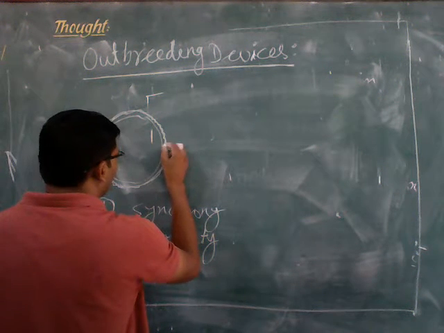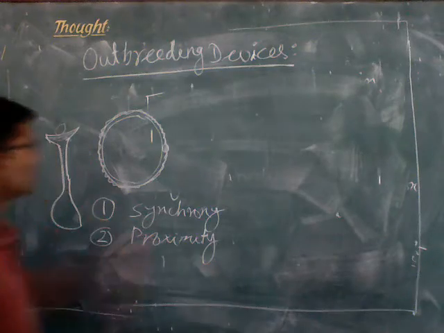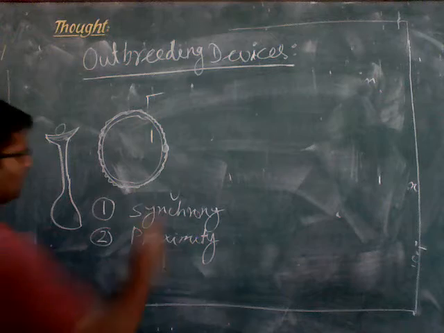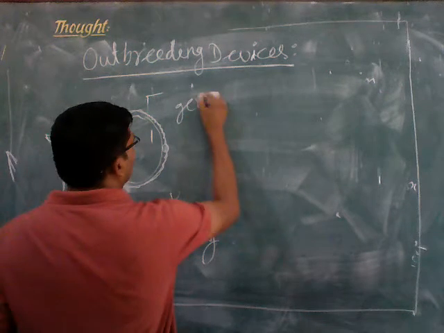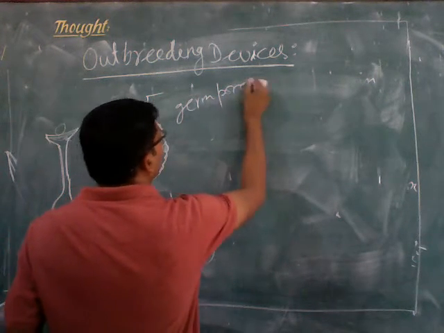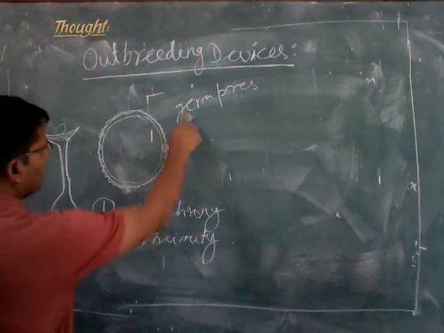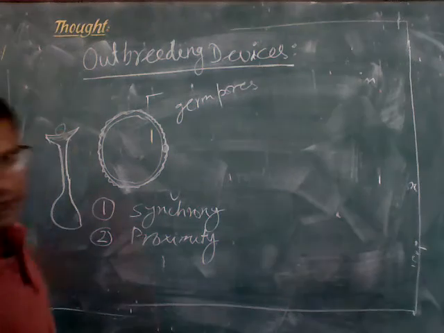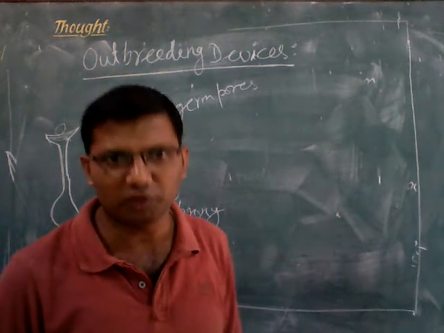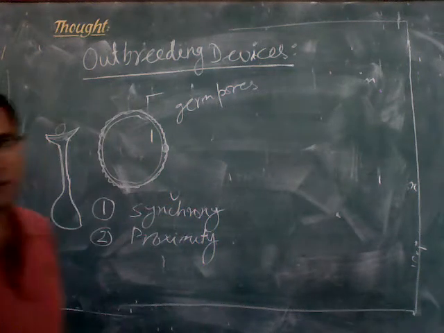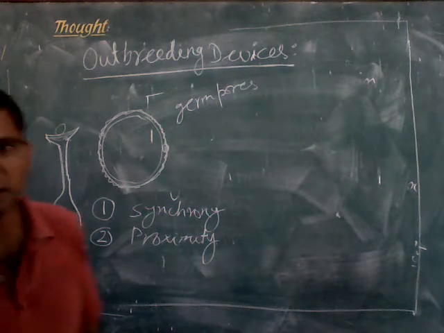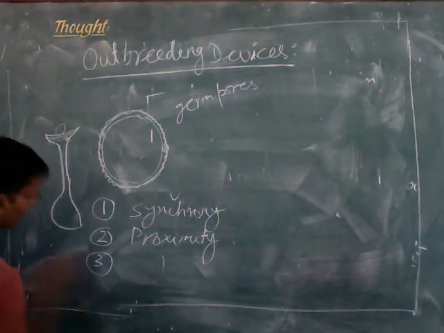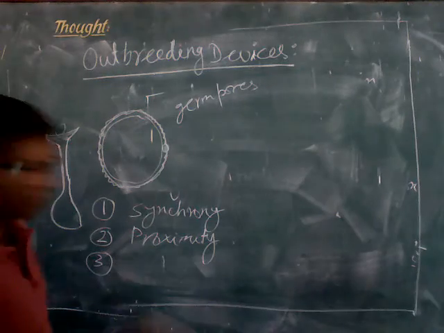At certain places there are small areas where the exine is absent, and these places are called germ pores. What is the role of the germ pores? They help in the germination of the pollen grain. Once the pollen grain lands on a receptive stigma, it will start germinating, and only then will it help in fertilization. So the third point which helps in outbreeding is pollen germination.